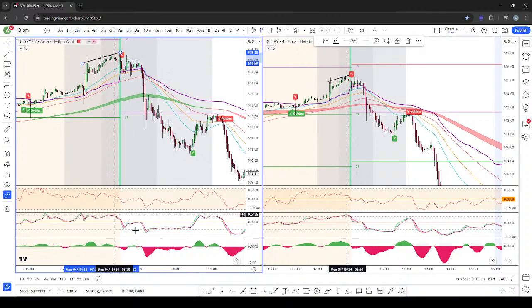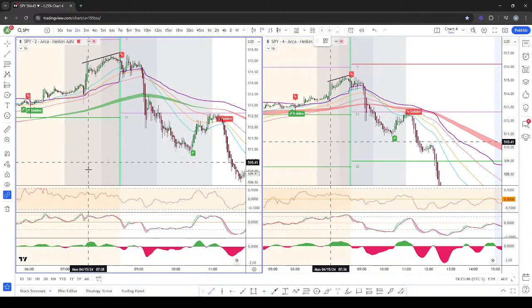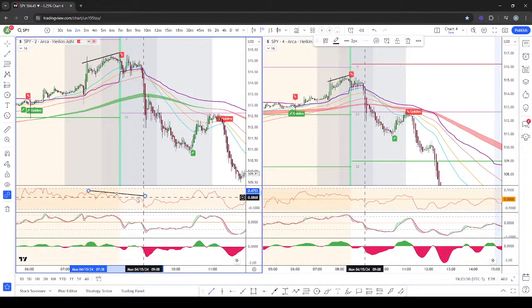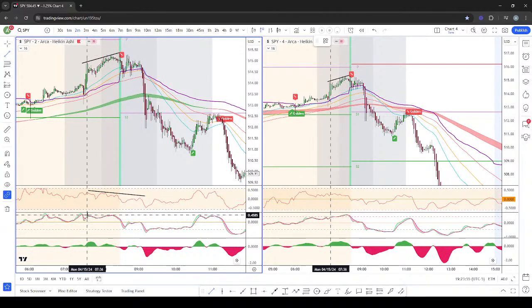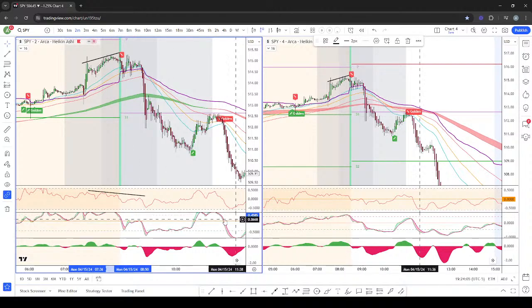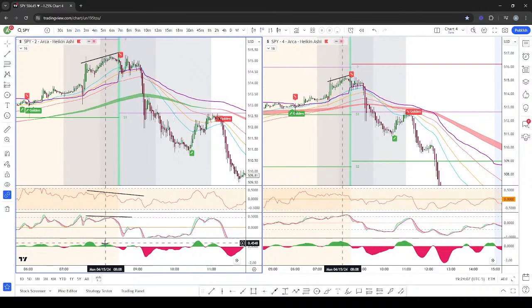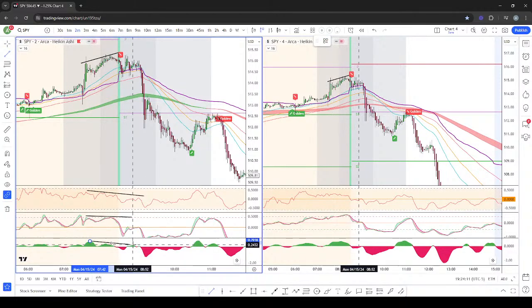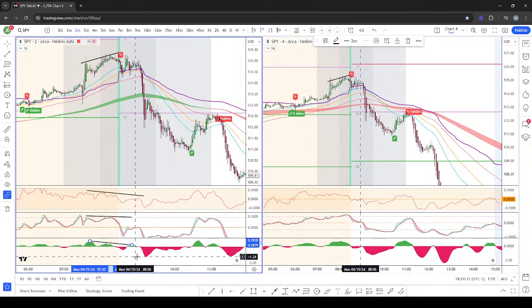So once again, I want to see a shift in momentum in my oscillators, and you can see that right in here. Here we have a little bit of a decline, a little bit of a shift in the TSI, and then you can really see it on the TTM squeeze as price is moving down.